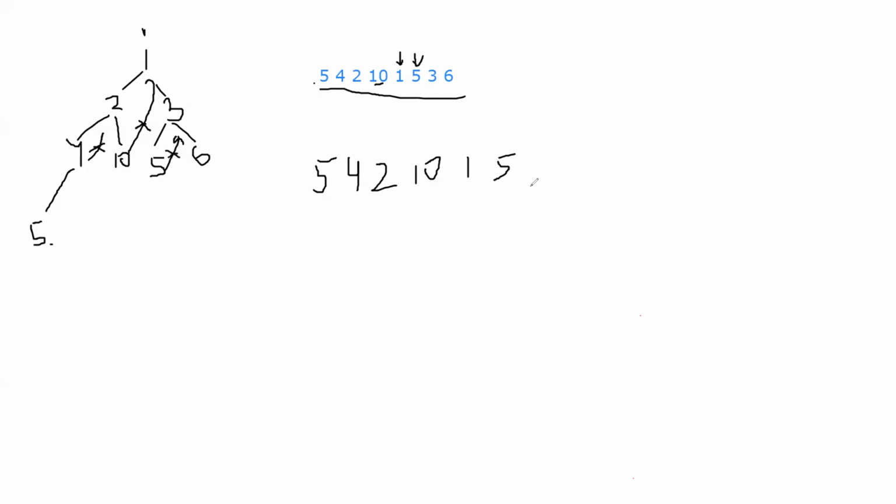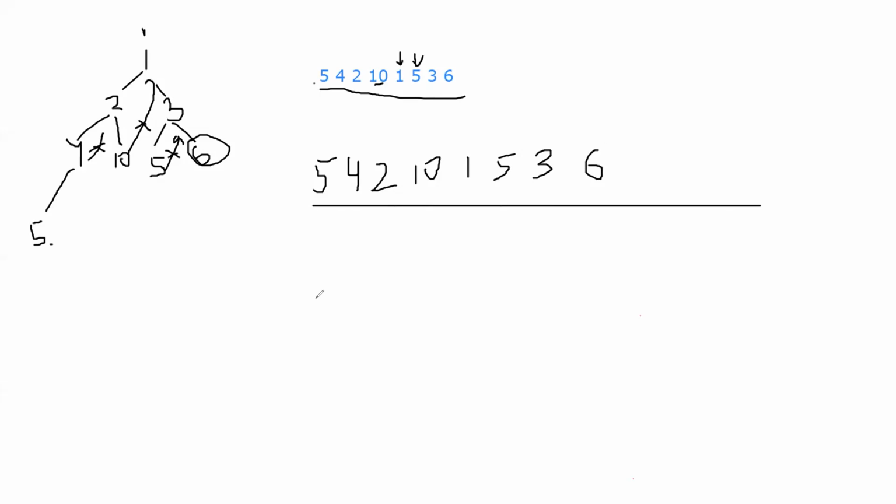I can remove this link, print 3. And from there, I go towards its right, which is 6. At 6, there's no predecessor and no left, so I print 6. Then I'm done with my in-order traversal.